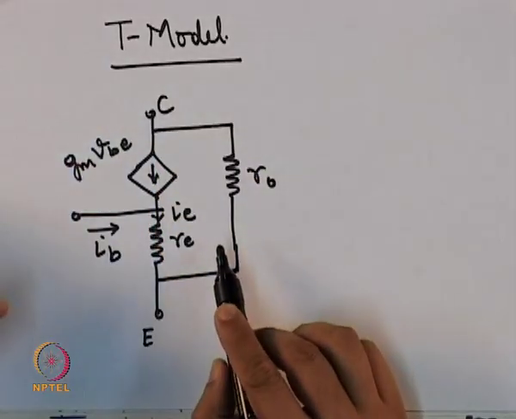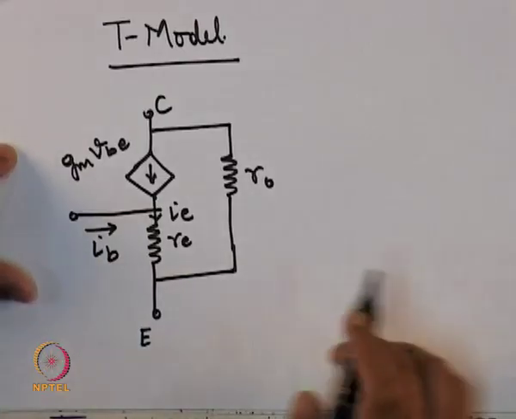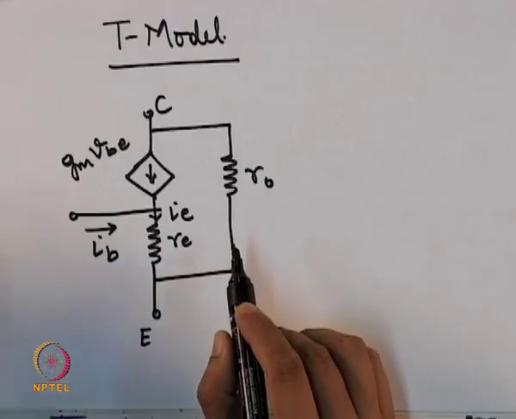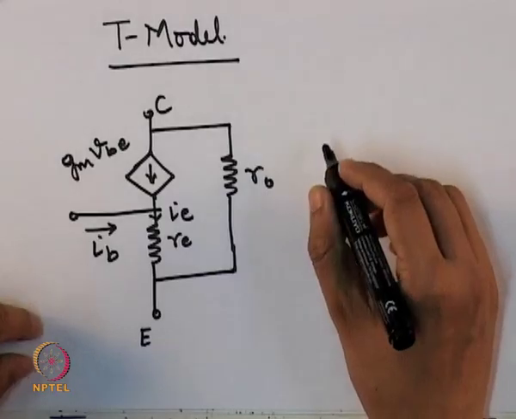Now, the R 0 that I had mentioned in the previous hybrid pi model will be defined when we discuss this particular model.